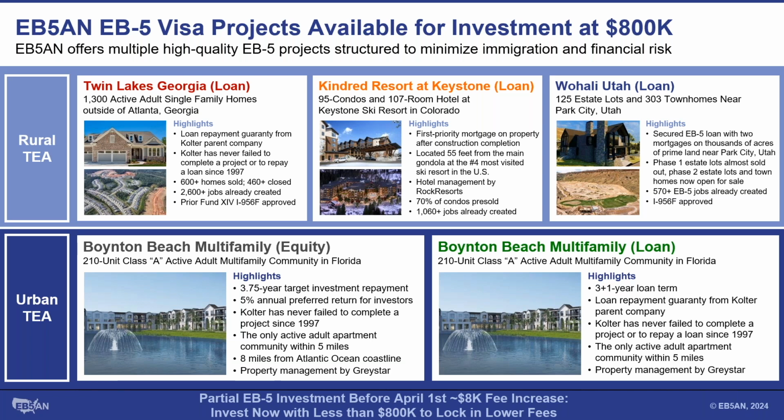Yeah, absolutely. And part of the reason, just stepping back, why we have 5 different deals available right now is because after the passage of the RIA and some new policy guidance from USCIS on repayment timelines, it's not one size fits all for investors anymore. There's different priorities that investors have. Rural with the set-asides and faster processing.